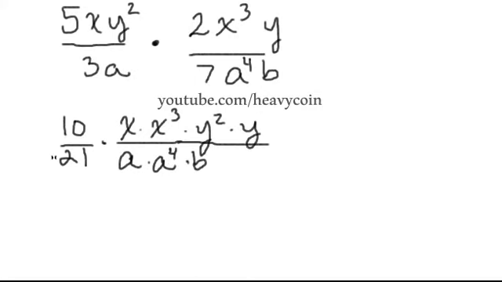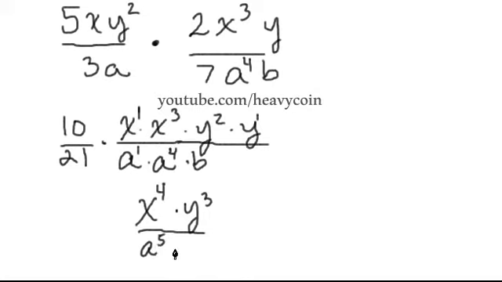Now this is to the first power, and we've done this before in the previous sections. We add exponents, right? Our base is the same. We add these exponents, we end up with x to the fourth, times y, 2 here, 1 here, so this becomes y to the third. It's all over a to the fifth.